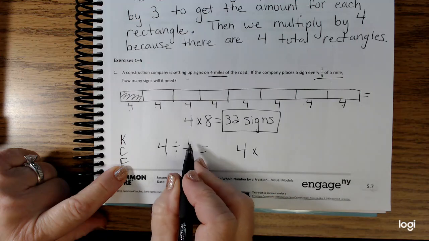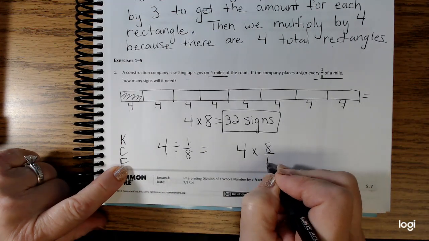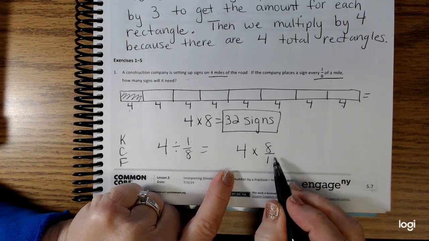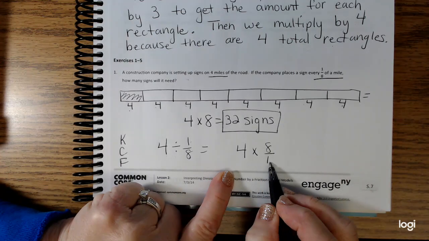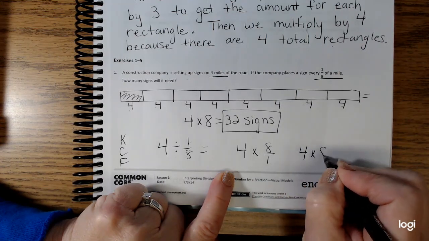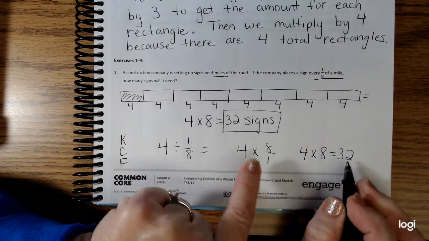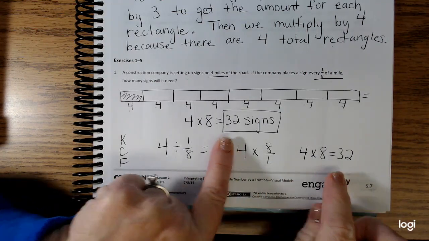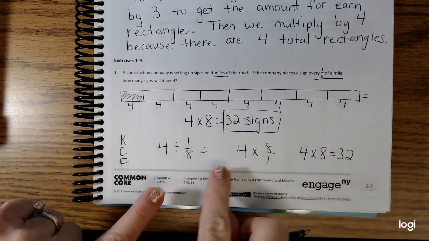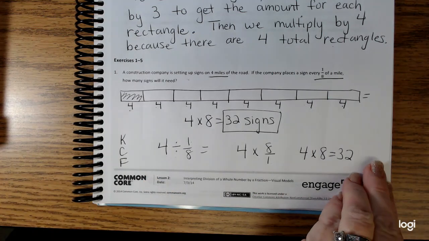I'm going to flip 1/8, and it would look like this. Well, I know that 8 over 1 is actually the same thing as 8. So I'm going to change it to be 4 times 8, which equals 32. Same answer. So we can either do the model or we can do keep, change, flip. Okay, when you're ready, go ahead and turn the page, please.